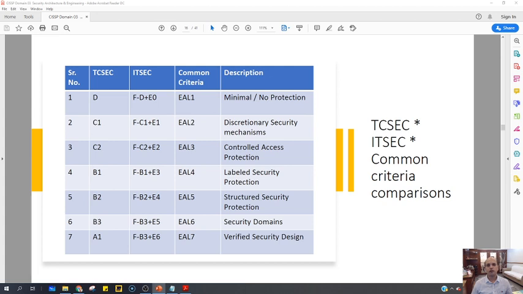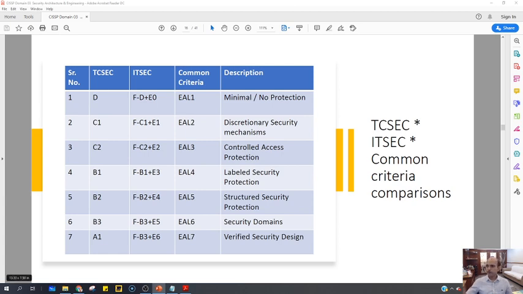So just remember this particular table, just mug it up, because sometimes they require this in the exam also. They will give a question that if any particular product is of EAL2 category, what exactly does it mean? Then you can say it is a discretionary security mechanism they have tested for, right?